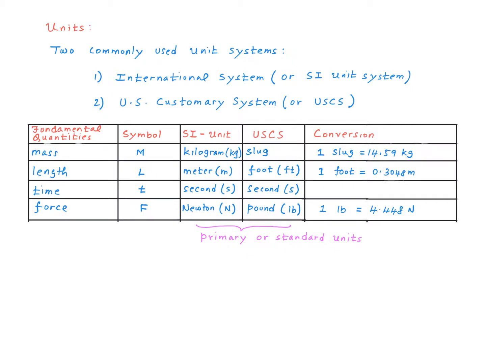I'm going to define what exactly Newton is in a second. And in the USCS system, the unit for mass is slug. Again, I will define that in a second. Foot for length, second for time, and pound for force.